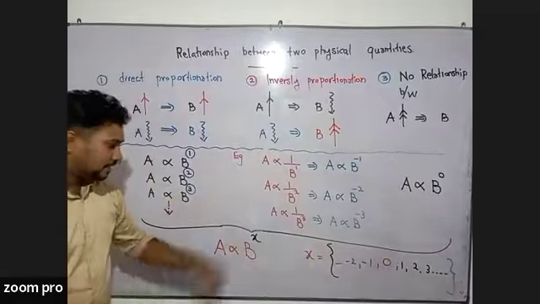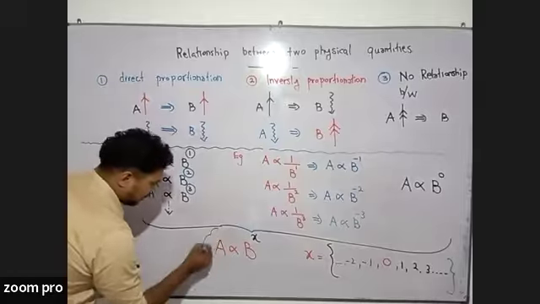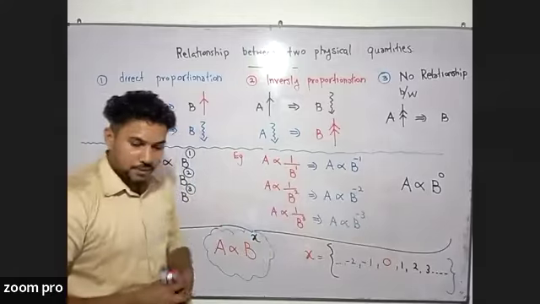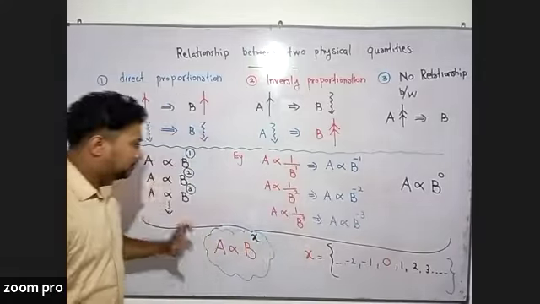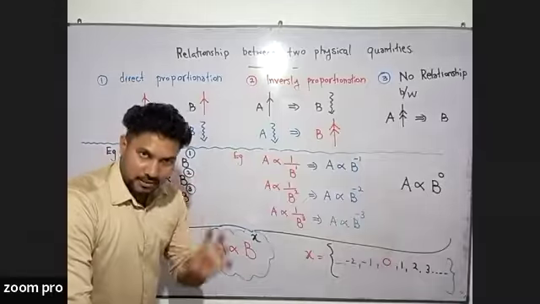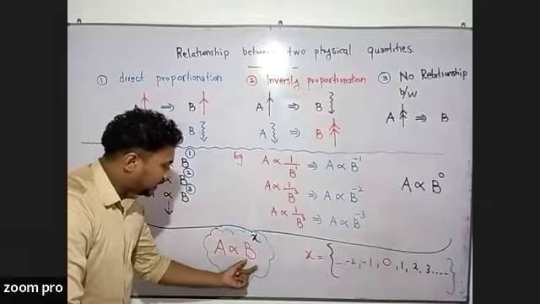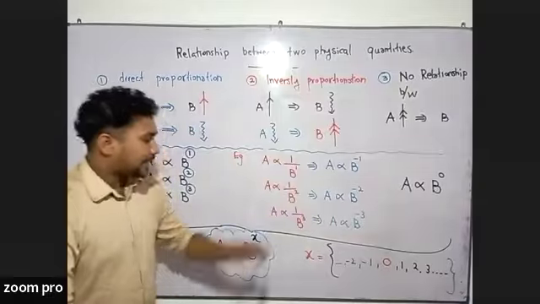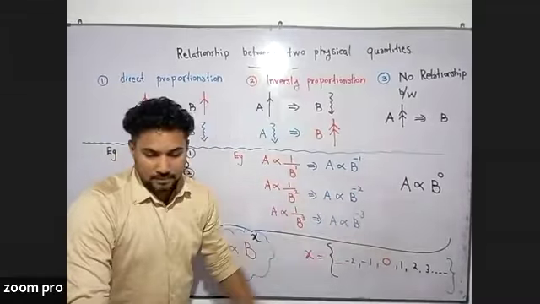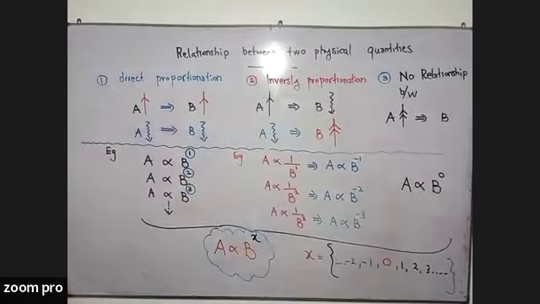Guys, this is the final conclusion of this theoretical point. If you are asked to build up a relationship between two physical quantities, it is generally represented as a proportional to b to the power of x, and x can be a negative value, a positive value, or 0.